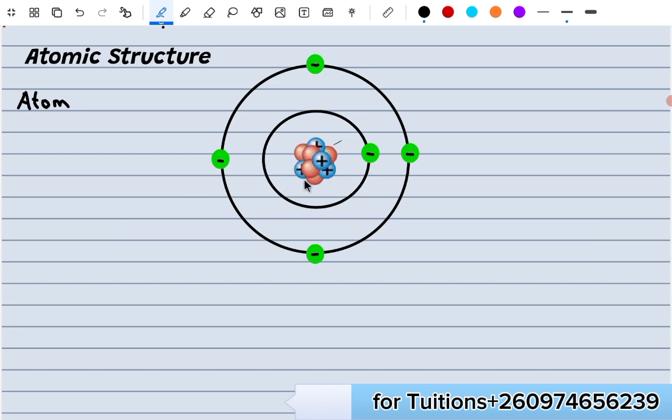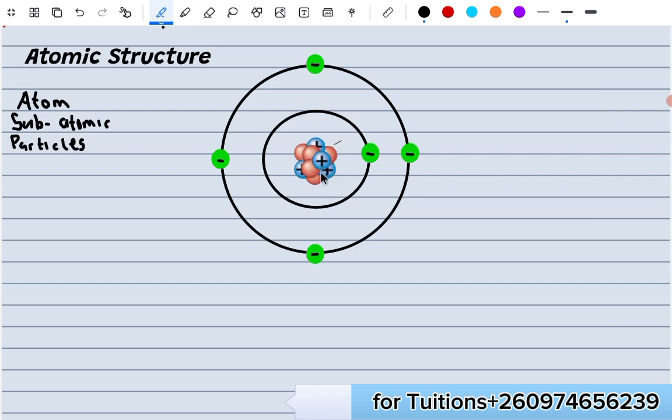Now you have something at the center here. You have what we call subatomic particles.